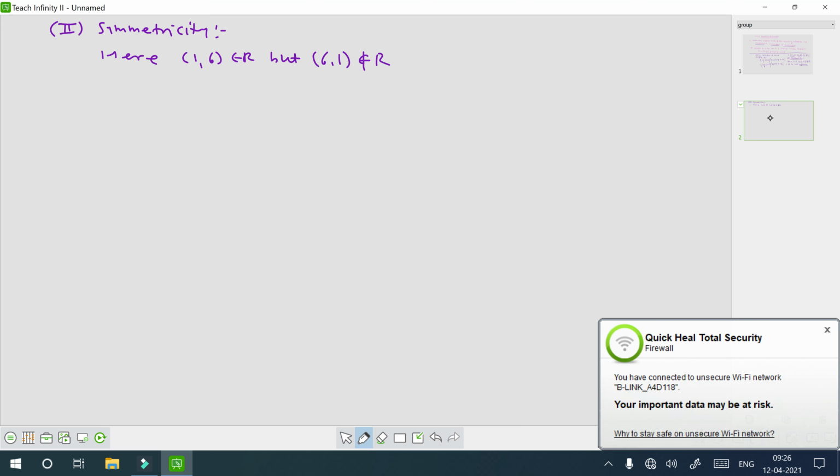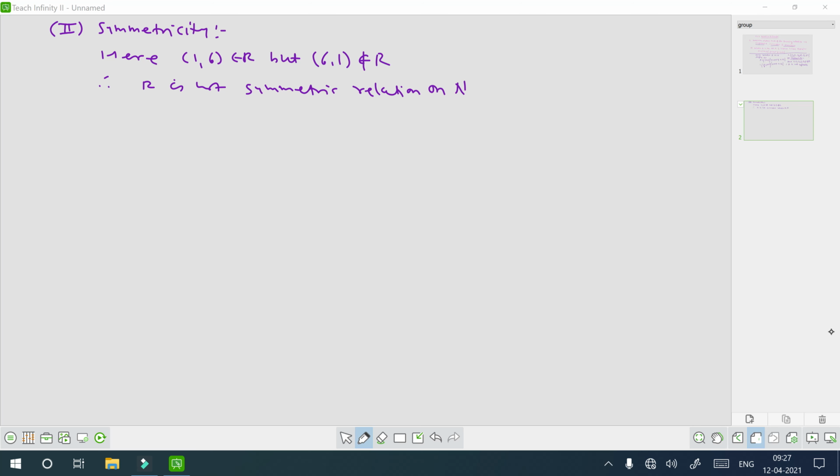So what we are writing here, 1 6 in R, but 6 1 is not in R. There is no need to check for the other ones. We have to mention only one condition, then we can say that R is not symmetric relation on N, because it is defined on N.